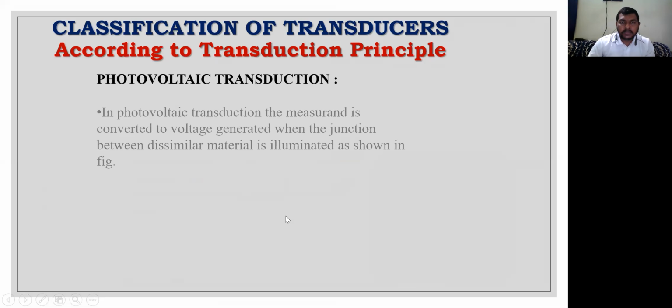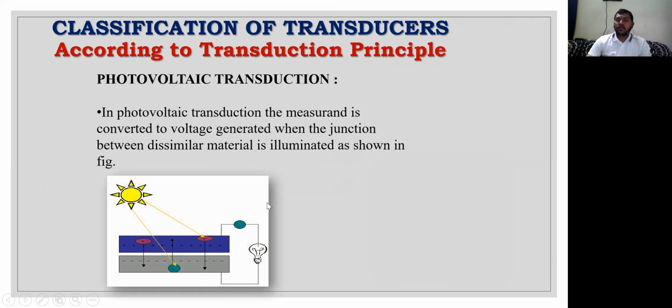We'll go fast. Yes, photovoltaic transducer. Now, what do you understand by a solar cell? We convert solar energy into electricity, right? The basic concept of solar or photovoltaic is that whenever sunlight is focused on these semiconductors, an EMF is generated, and this can be stored in batteries and used.